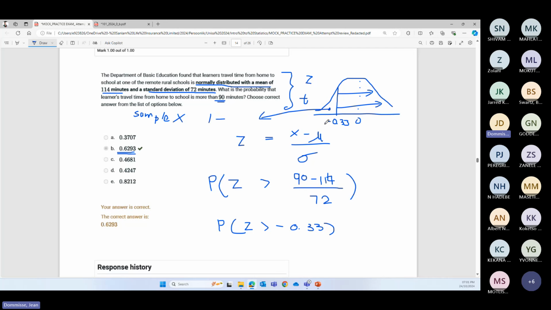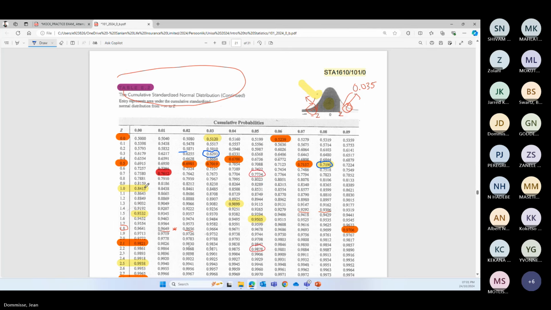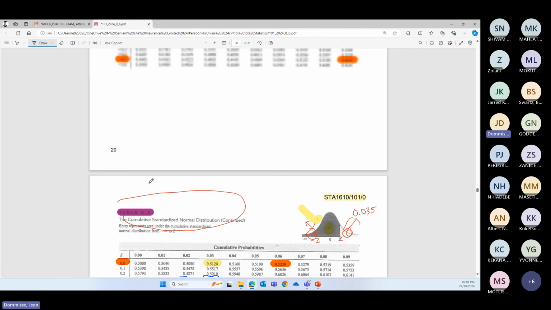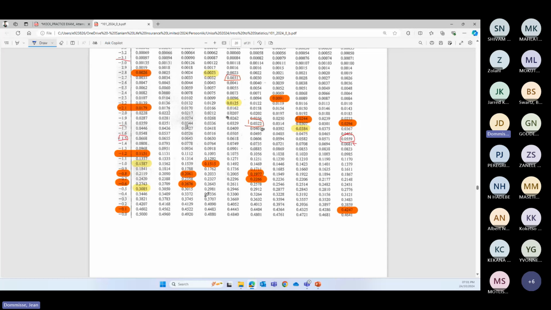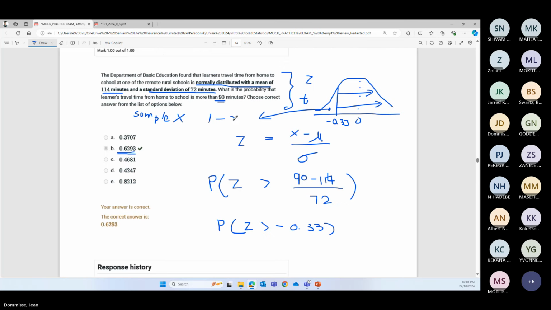So minus 0.33 gives 0.3707, that is that answer.